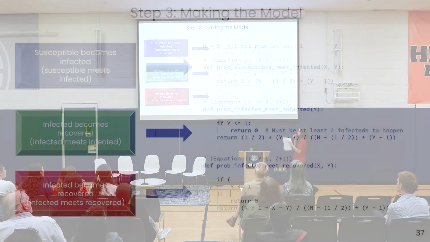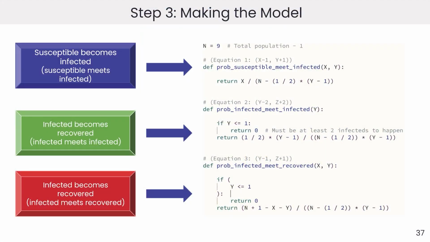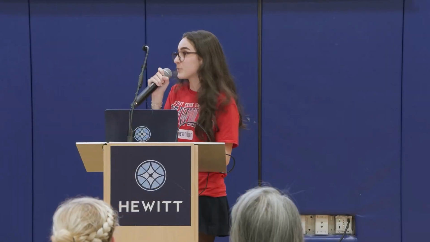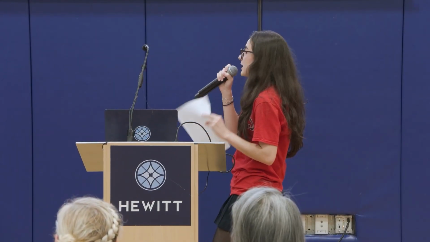Okay, so I did the research and now it was time to create some of my own work. Let me quickly explain that I was trying to create my own take on a rumor spread model inspired by the math that I saw in Bernoulli's work and in Daley and Kendall's work.